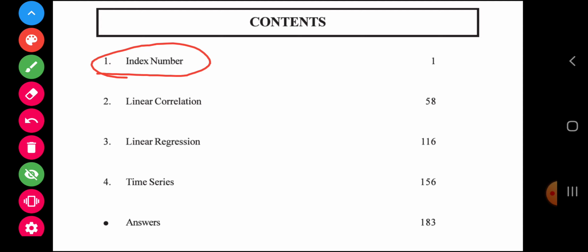So the total weightage of index number, you can write down, it is 12 marks total weightage. Now the weightage is the same as the third and fourth chapters.